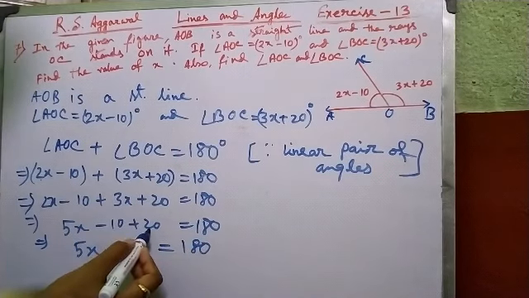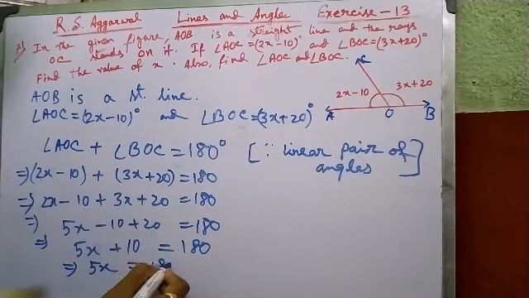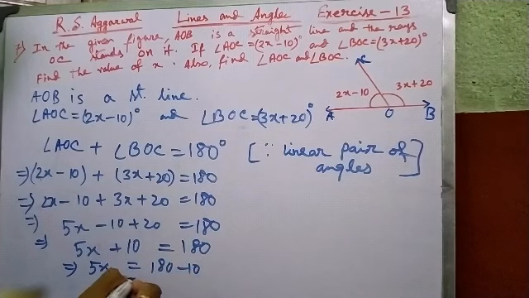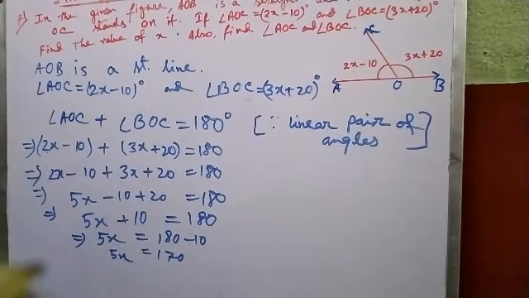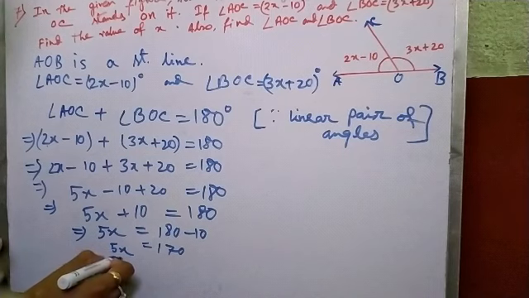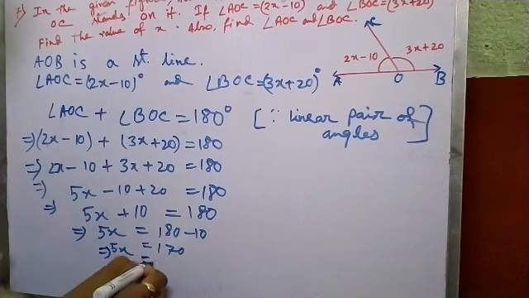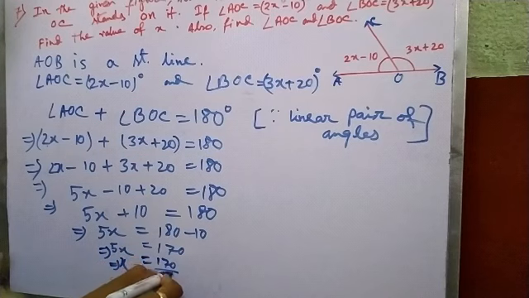Minus 10 plus 20, that means plus 10, implies 5x equal to 180 minus 10, that means 170. Then x equal to 170 by 5.